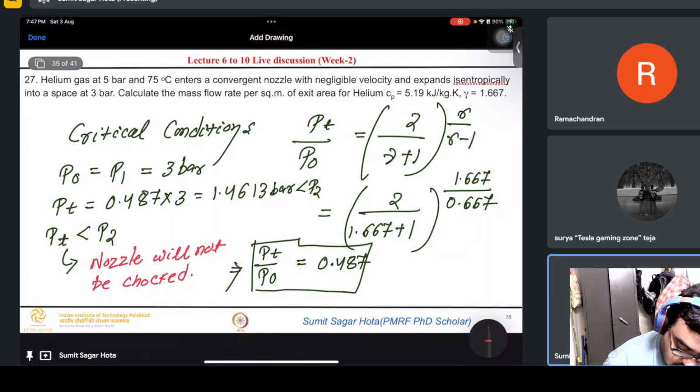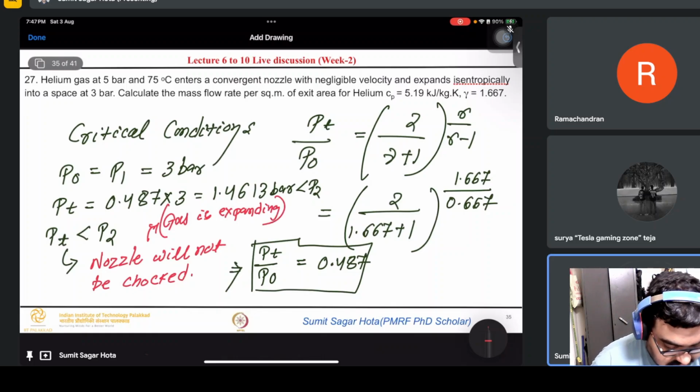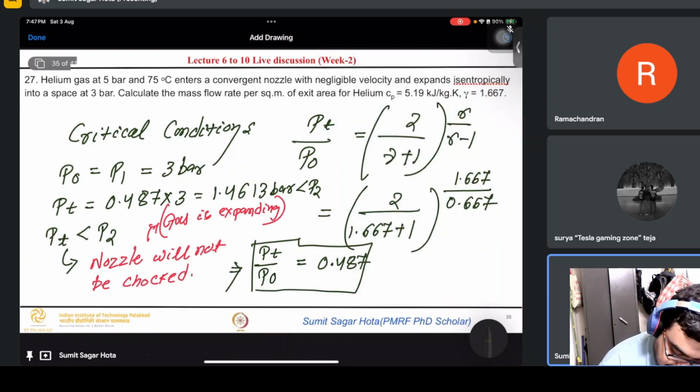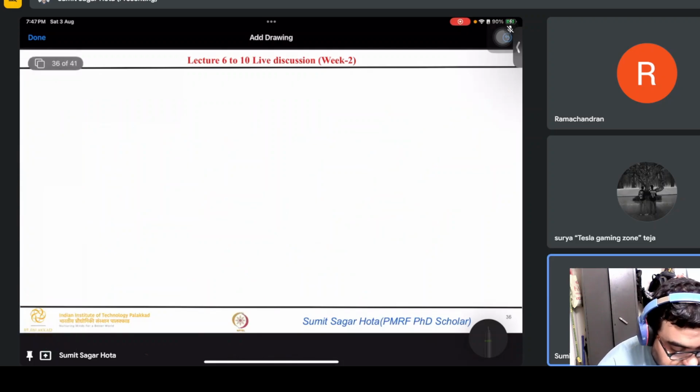And what does it mean? The gas will expand. There is no choke condition here.